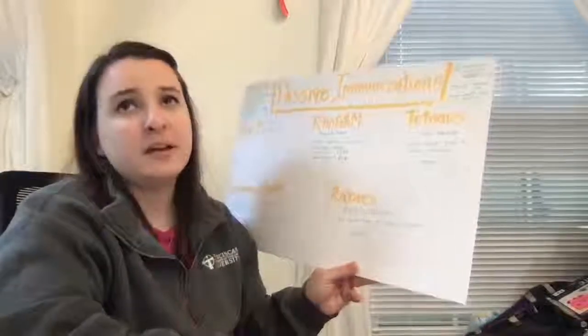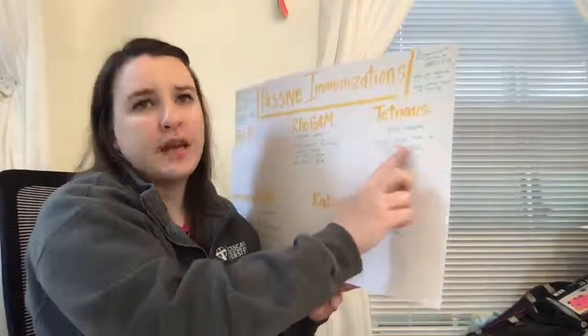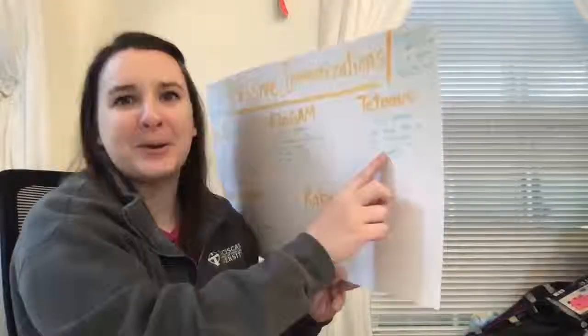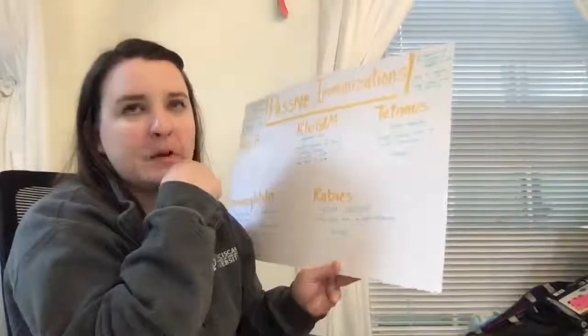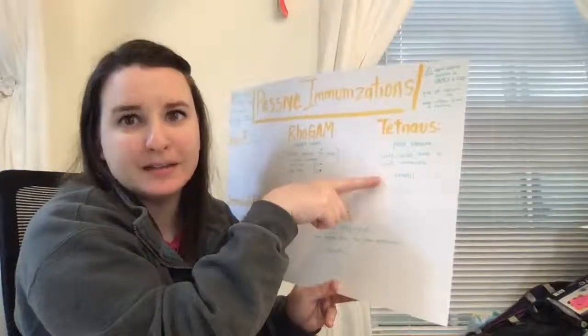The next 2, rabies and tetanus, are both going to be post-exposure. We did talk about these for active immunization, so people can get these prophylactically. So not healthcare workers, but animal workers or vets or animal healthcare workers could receive a tetanus or a rabies shot beforehand, knowing, oh, I could possibly get bitten by a rabid animal, or I work a lot with rusty metals, I need to get a tetanus shot to help prevent tetanus in my body.